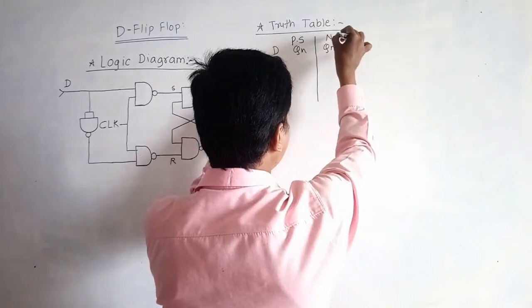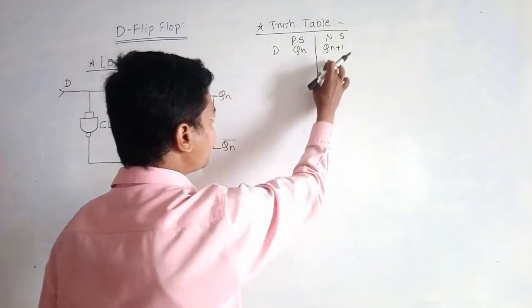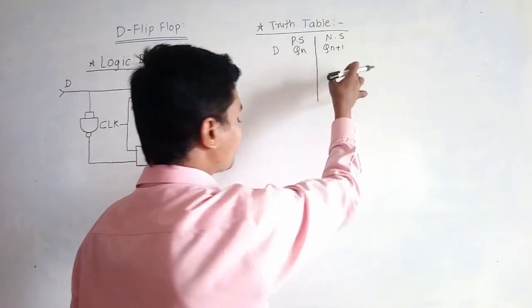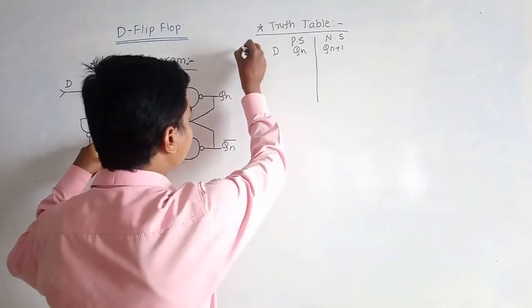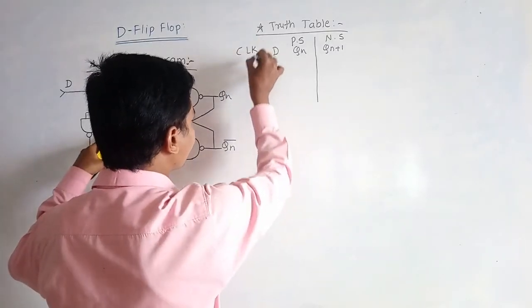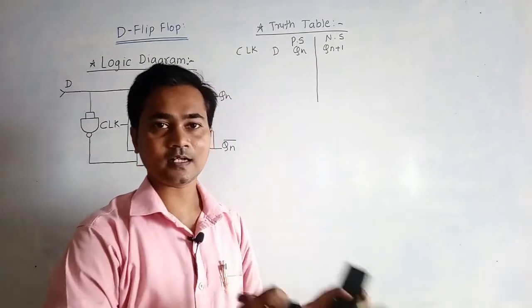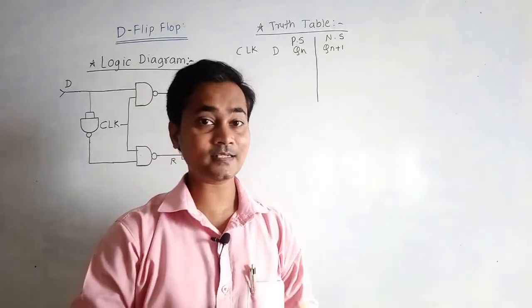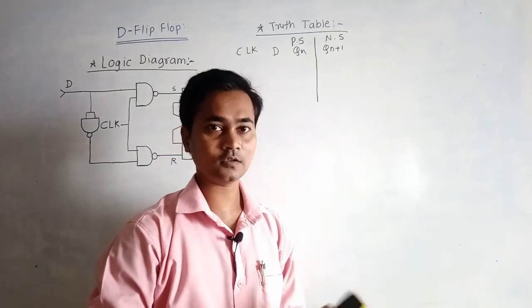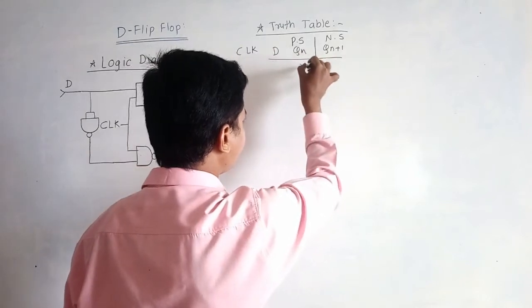Now, to affect Qn plus 1, we require the clock signal. As we have discussed earlier, we don't know the present state of Qn, so consider the don't care condition.